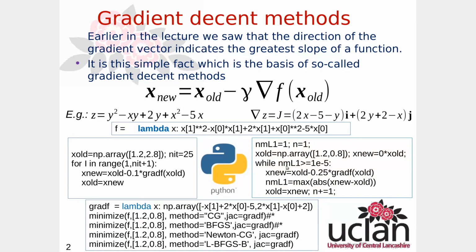So while this convergence criteria, which is the L1 convergence criteria, is greater or equal, I should say, to 1 times 10 to the minus 5. So while that number is greater than that value, and of course this minus this will give you that result.